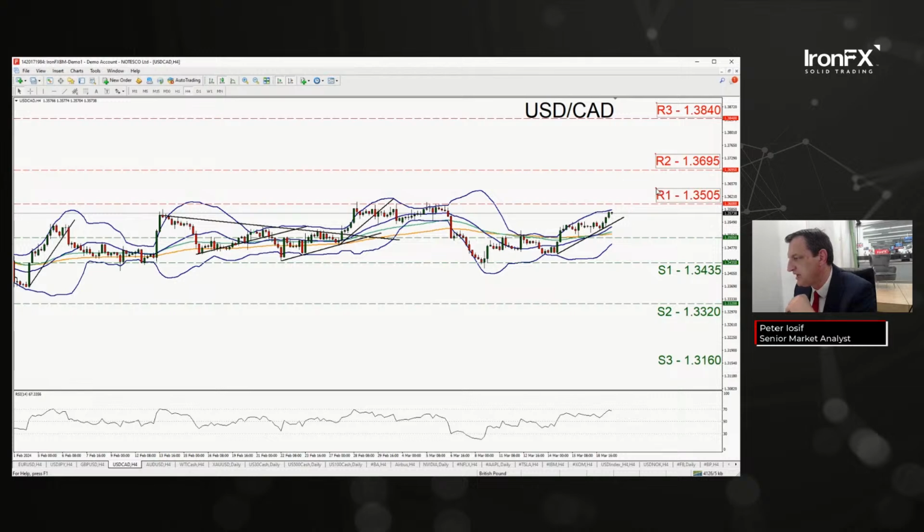The first resistance line is pretty clear at 1.36. The first support line, on the other hand, is at 1.3505. Second support line at 1.3435. Could go a little bit lower, 5 pips or so. And final support line at 1.3320.